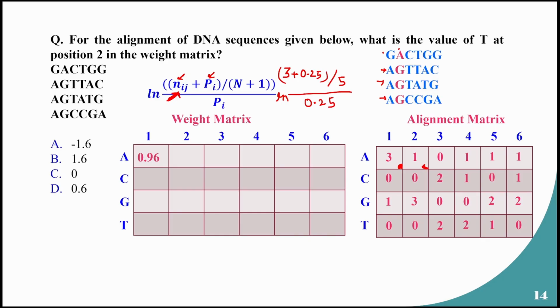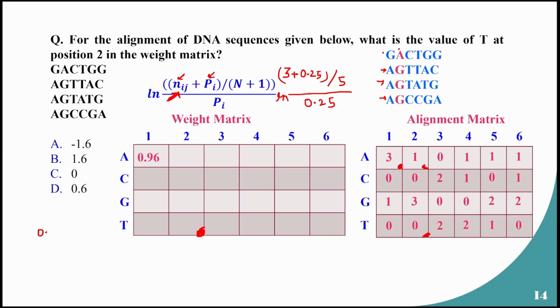For the value at position 2, you are dealing with this particular cell here. In this case, you first need to identify the cell's value in the original alignment matrix here. That was 0.